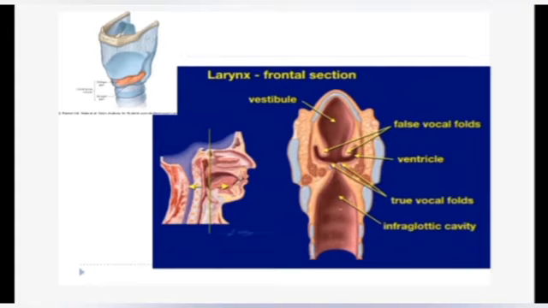The lamina propria consists of fine connective tissue. It contains the lymphatic nodules and many simple branched tubulo-alveolar glands which are of the mixed variety. Then there are intrinsic muscles of the larynx which are of the skeletal type.